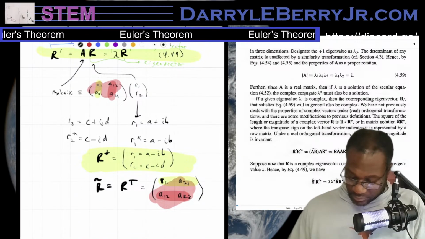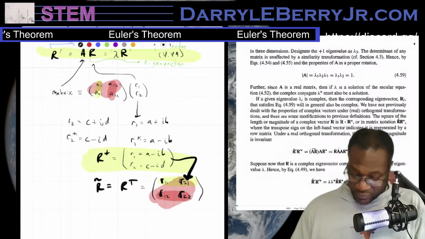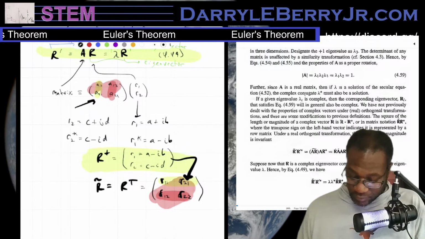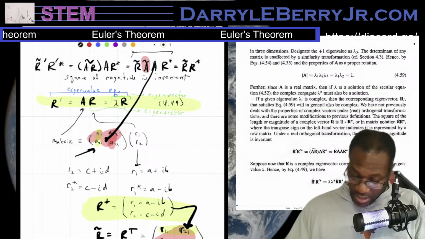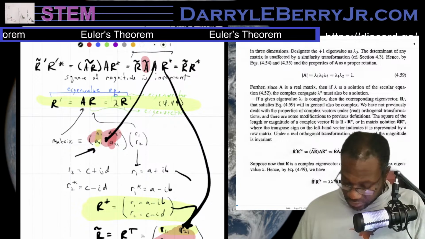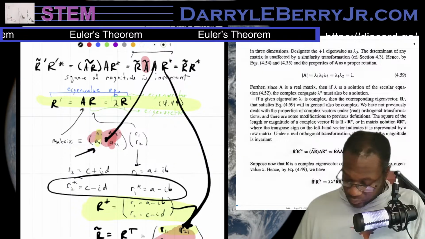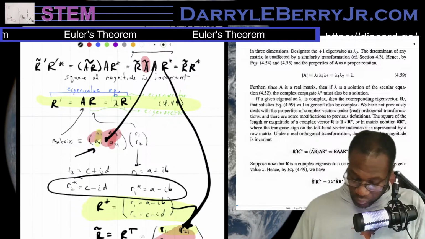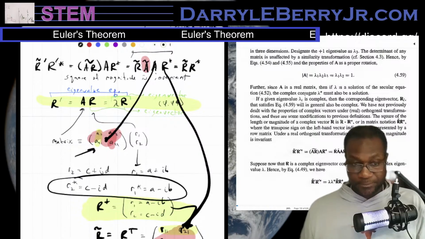The R complex conjugate would be this, and you are plugging in these complex conjugate R's. The A transpose would be this with the rows and columns swapped like I showed here. And that's all that is.